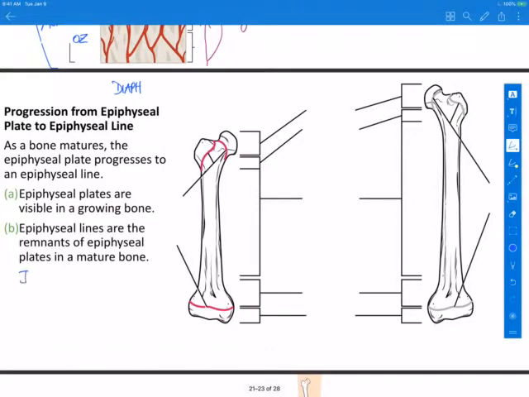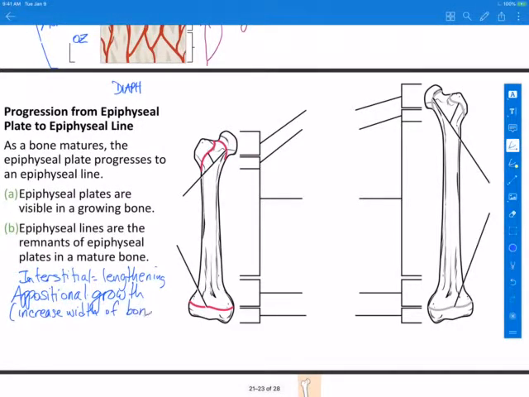I mentioned interstitial growth is how we get the lengthening, and that happens at the epiphyseal plate. But appositional growth is how we increase the width of the bone. So these are two different things.